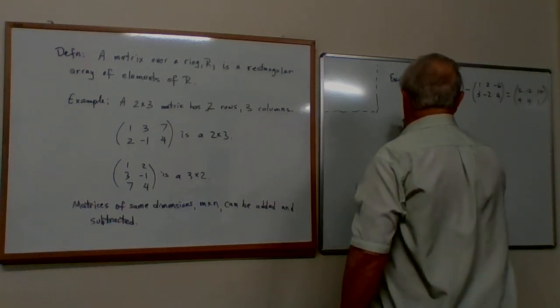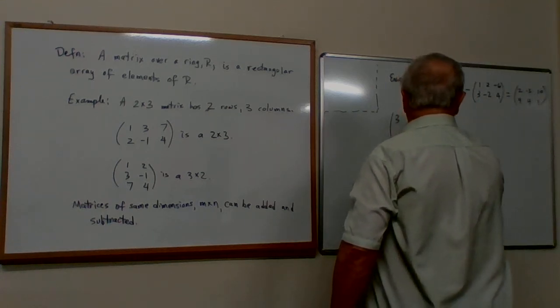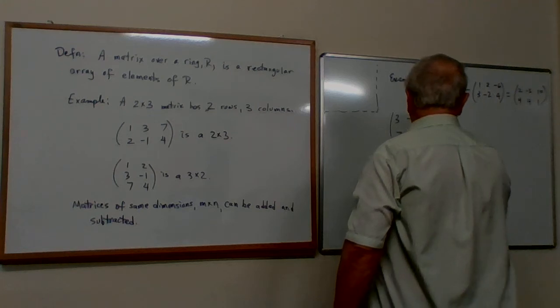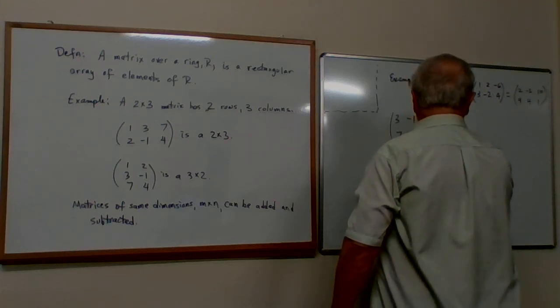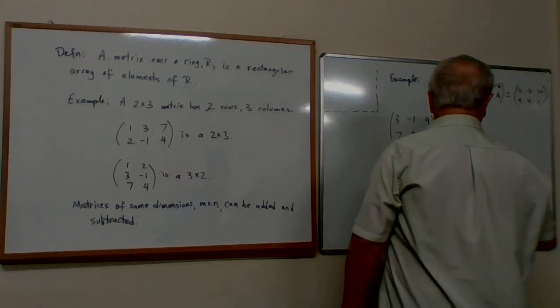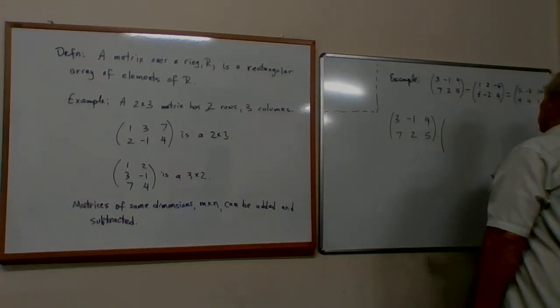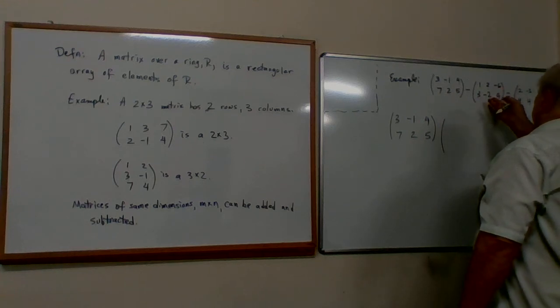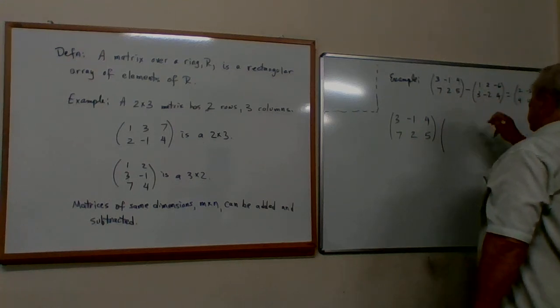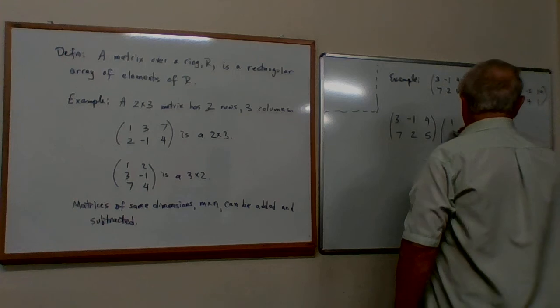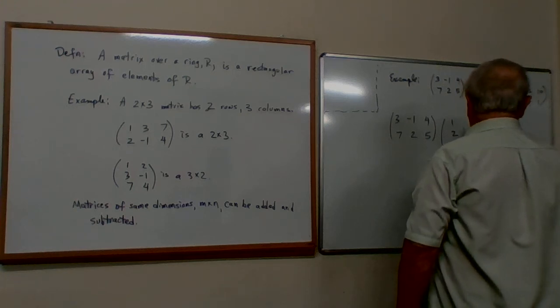Let's take this matrix. 3, -1, 4, 7, 2, 5. And let's multiply by, now I can't multiply by this one the way it is, but what I'm going to do is, it's called, I take the transpose of this matrix, and you don't know what that is yet, maybe, but that's all right.